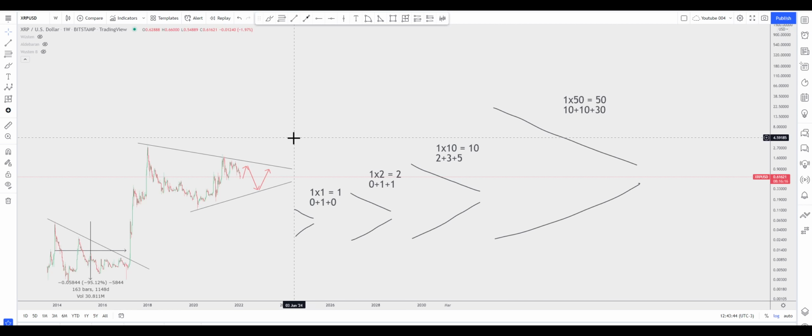This is just an idea, okay? There is a much better way to acknowledge this. This is just an example to match the triangles and the numbers, strength, power, etc.